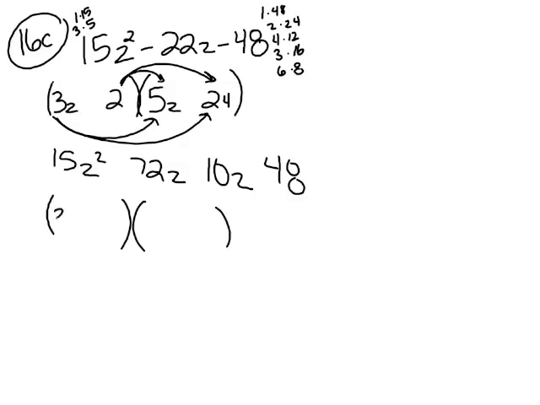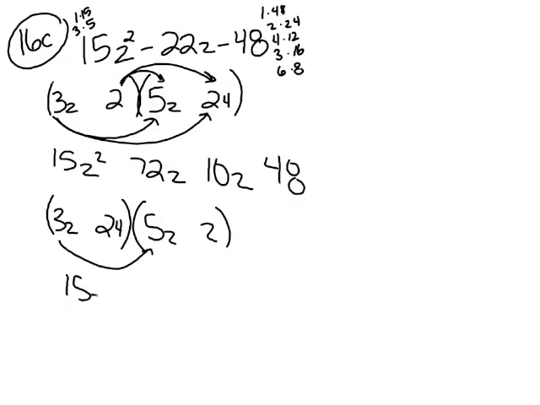You want to stick with the 3 and the 5? What's another set? You did the 24 first, didn't you? That did work last time. We can if you want. It's going to be a lot bigger number. 24 and 2 is not going to work either.